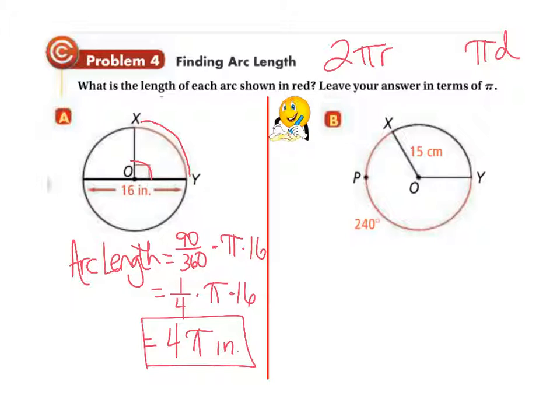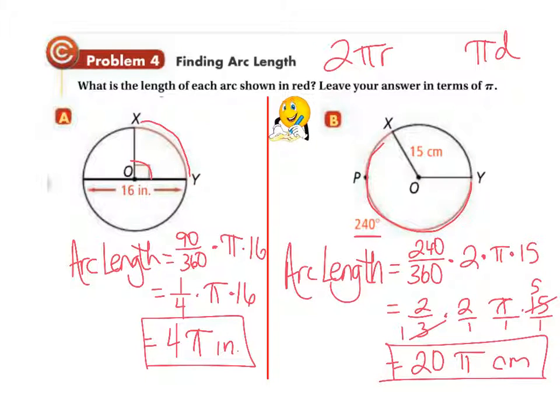Okay, see if you can do this next one. Use your formula to find the arc length. Now notice you're doing the red arc here. It's the big one. It's the 240. Go ahead and pause the video, work through your formula. All right, here's what I got. Left it in terms of pi, just 20 pi is what I ended up with. Now hopefully you got your numbers all put into your formula correctly right here.